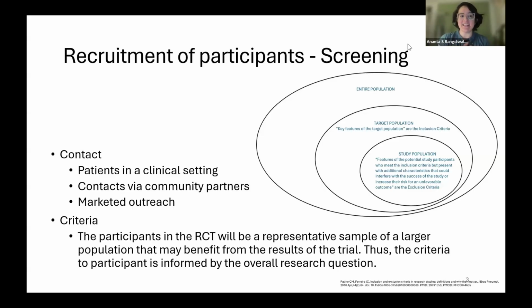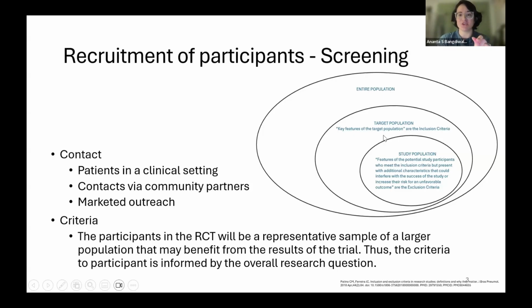The next thing is determining criteria. The participants in the trial are going to be a representative sample of the larger population that might benefit from the results of the trial. So the criteria for the participant is informed by the overall research question, right? We have the entire population, but for our study, we have a target population.